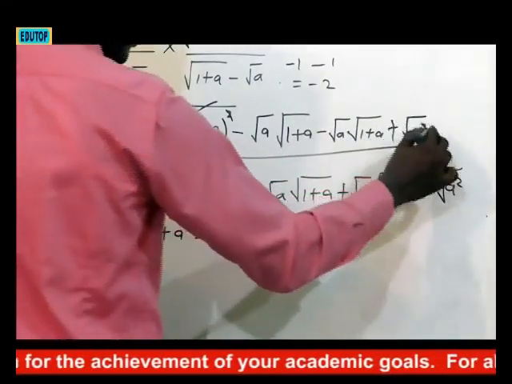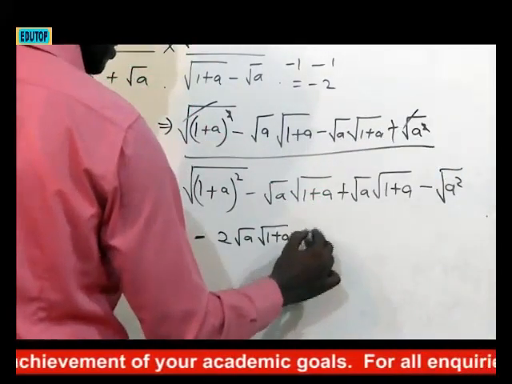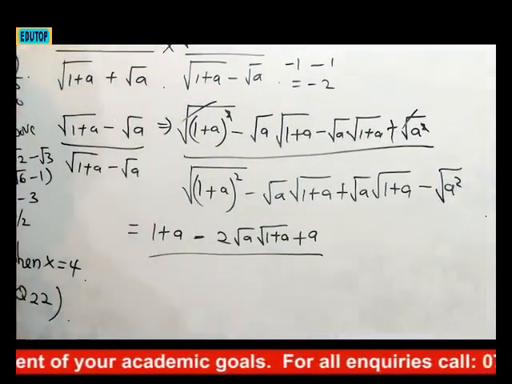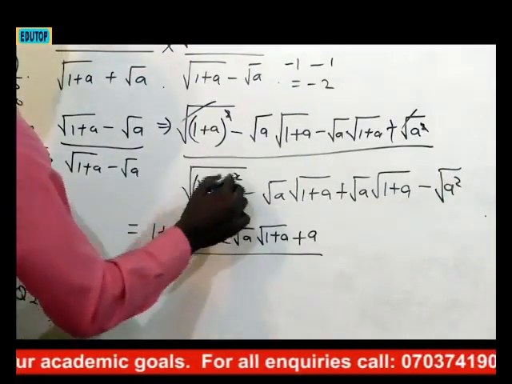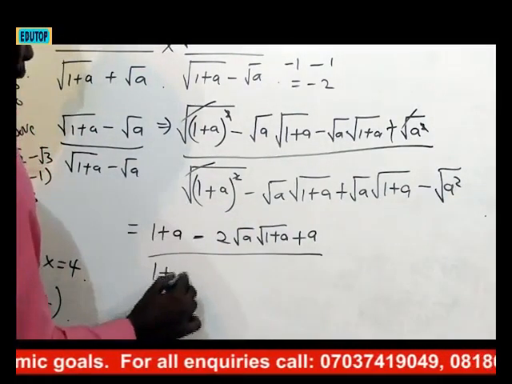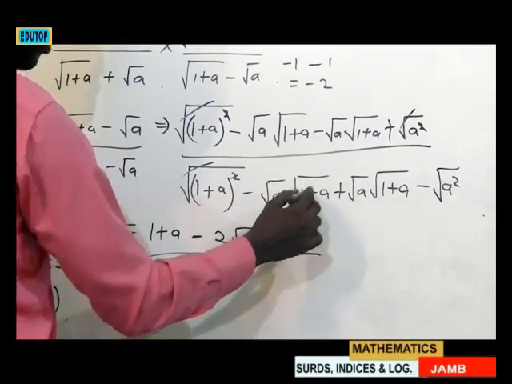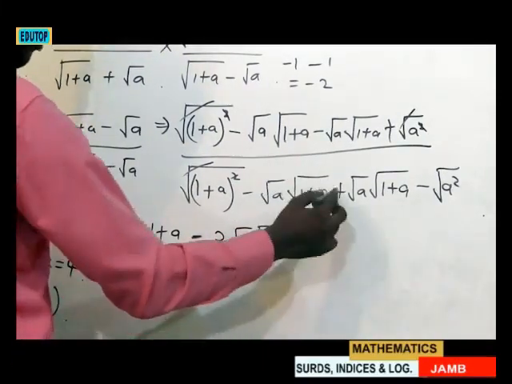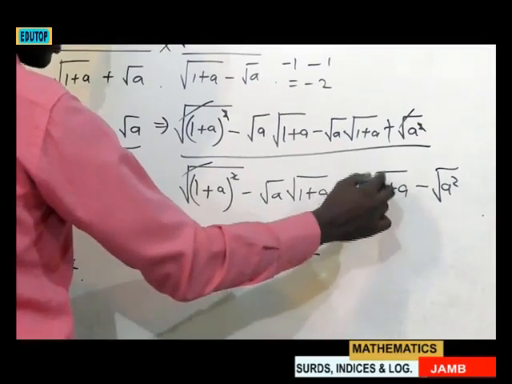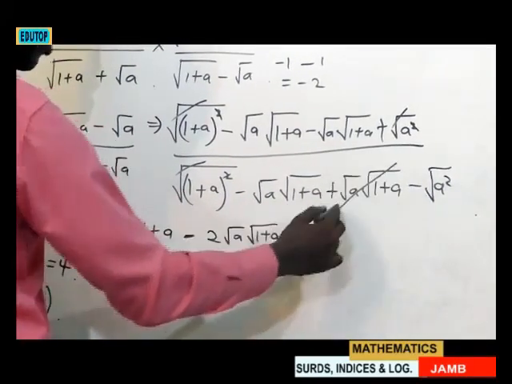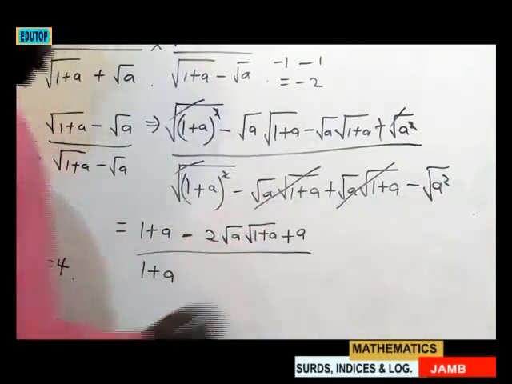Then this square can cancel this, I have plus a, over the denominator: this square can cancel this, I have 1 plus a, minus root a into root 1 plus a, plus root a into root 1 plus a. So this one will cancel out because you're having minus plus.